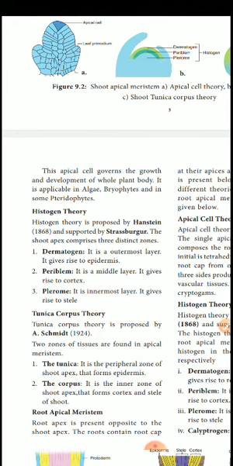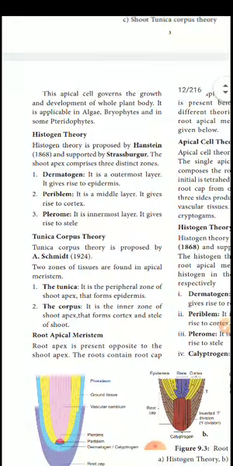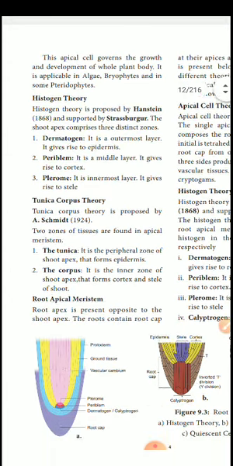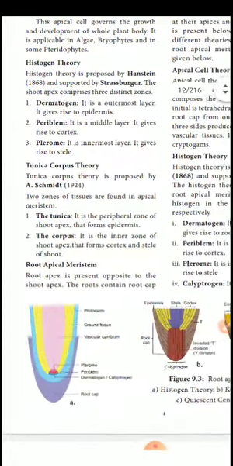The shoot apex has three distinct zones: dermatogen, periblem and plerome. Dermatogen is the outermost layer and gives rise to epidermis. Periblem is the middle layer and gives rise to cortex. Plerome is the innermost layer and gives rise to stele. So there is a middle, outer and innermost layer, only the names are different. Dermatogen means skin, we can remember the word as skin.